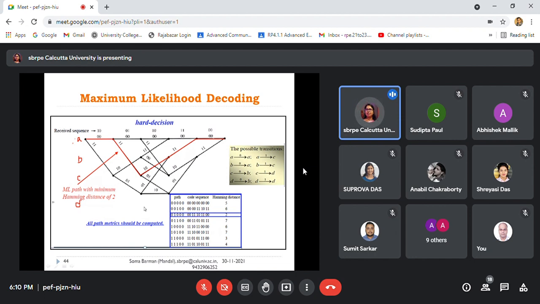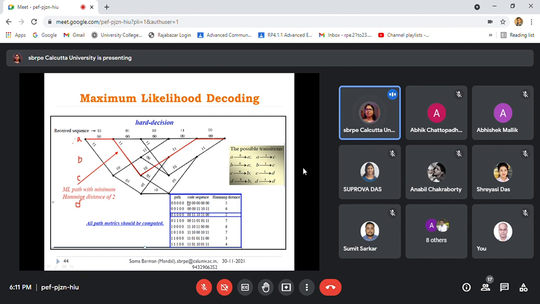Then C to this path, and so on, giving the code bits 1 1, 1 0, 1 1, 1 0, then 0 0.